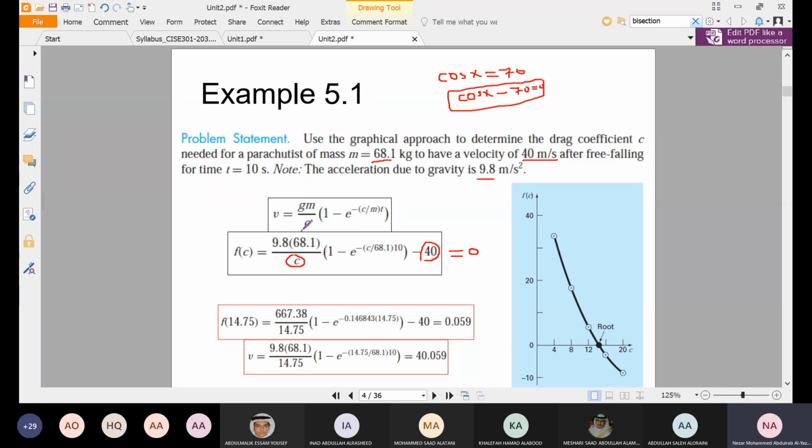Then I try to find the solution for this equation so that it equals 0. If I plot the function now, you can see it's clear from the graph. I have a root located between 12 and 20, because the function crosses the x-axis at this location.